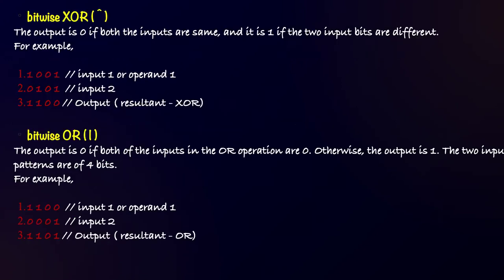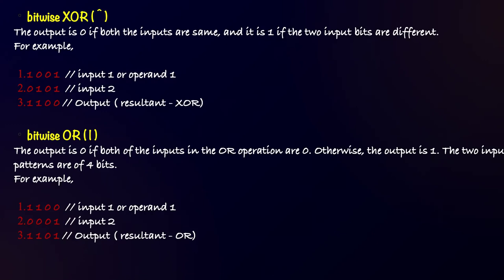Then comes bitwise XOR. This is the symbol, the simple upward arrow. The output is 0 if both the inputs are the same, and it is 1 if the two input bits are different. That means 1001 is input 1 or operand 1, 0101 is input 2, and 1100 is the output, the XOR result we are getting.